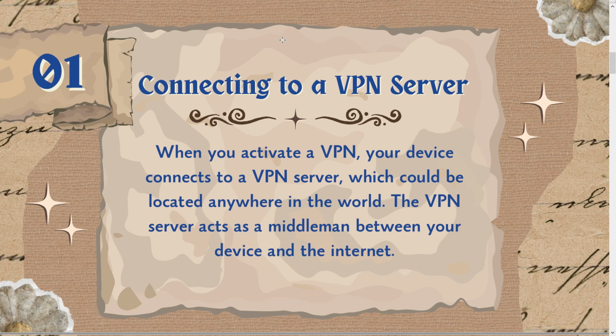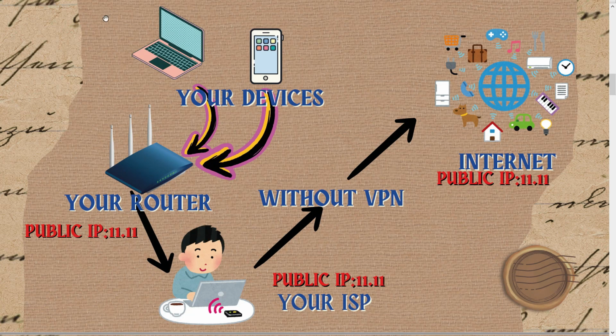When you activate a VPN, your device connects to a VPN server. We have seen that in the previous tutorial where we did the practicals, and it could be located anywhere in the world. So the VPN acts as a middleman between your device and the internet. You have your device here, it could be a laptop or a phone.